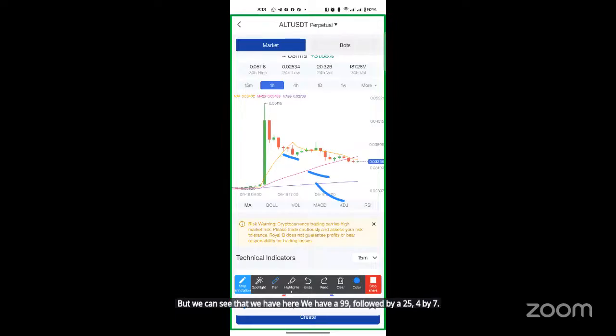Is this coin on an uptrend or a downtrend? Thank you, it's on an uptrend. We have a 7, followed by a 25, followed by a 99. These figures are at the top here.